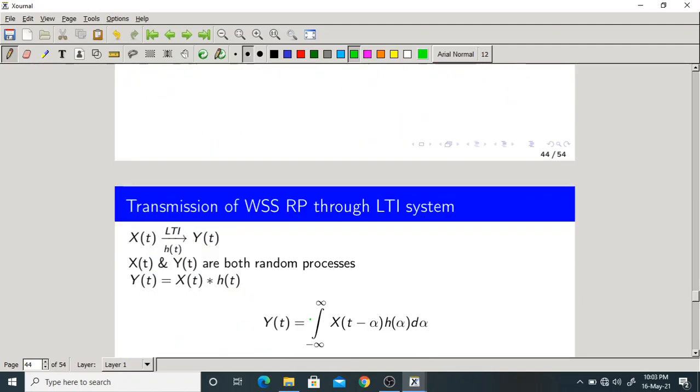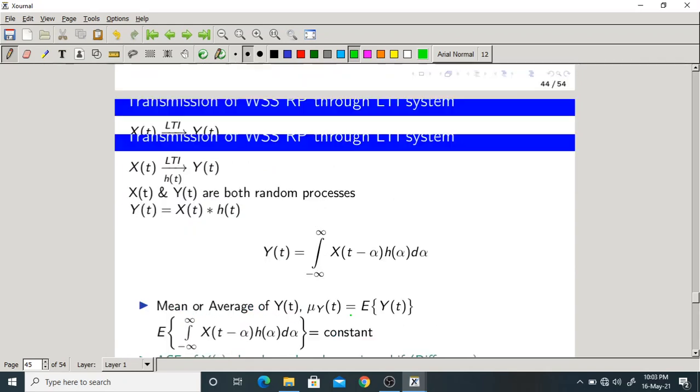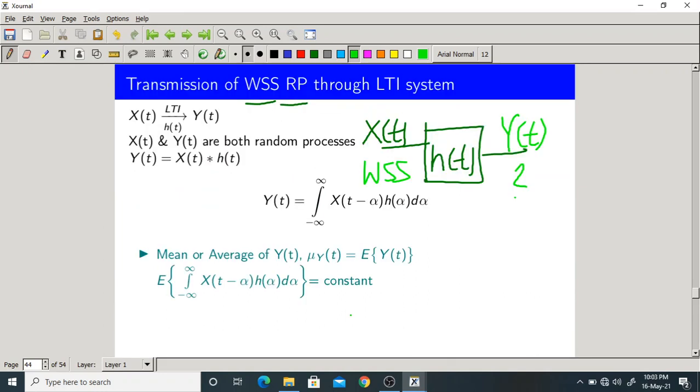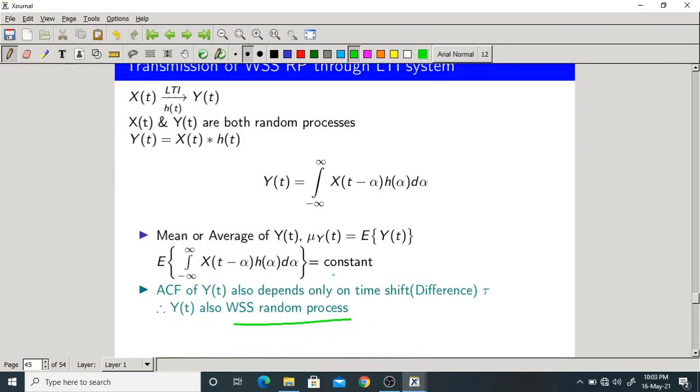Y of t is also an SSS process. If X of t is SSS, Y of t is also SSS. That is very important. These are all some derivations. I have shared a video. Please go through it once.